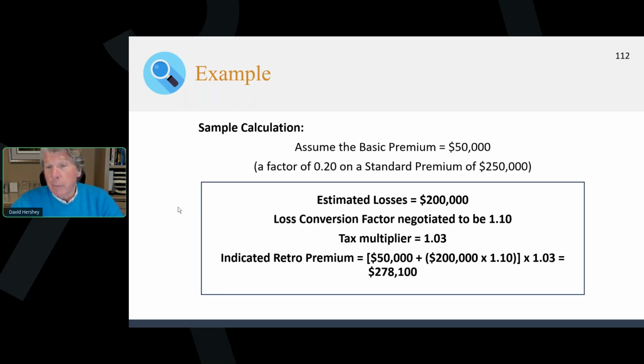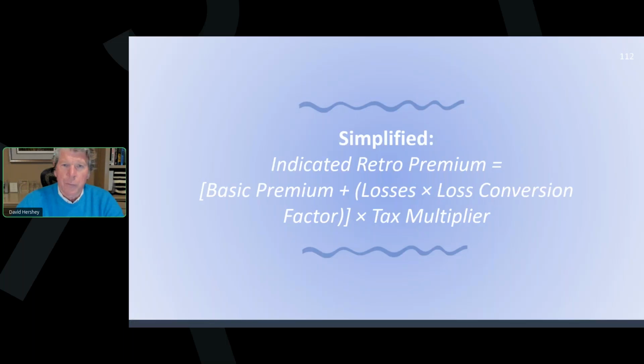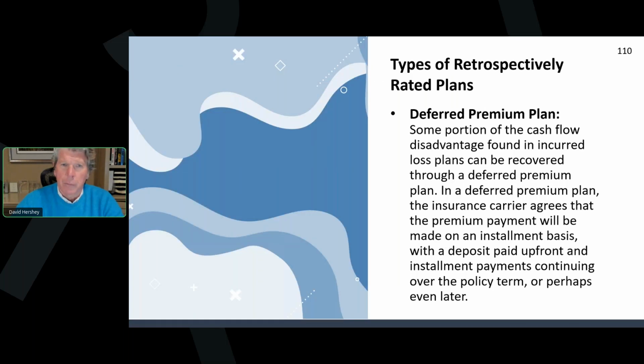Well, we got it by taking the standard premium. You remember, standard premium equals manual rate times actual experience modifiers and charges and projected exposure units. So that's how we got the standard premium.